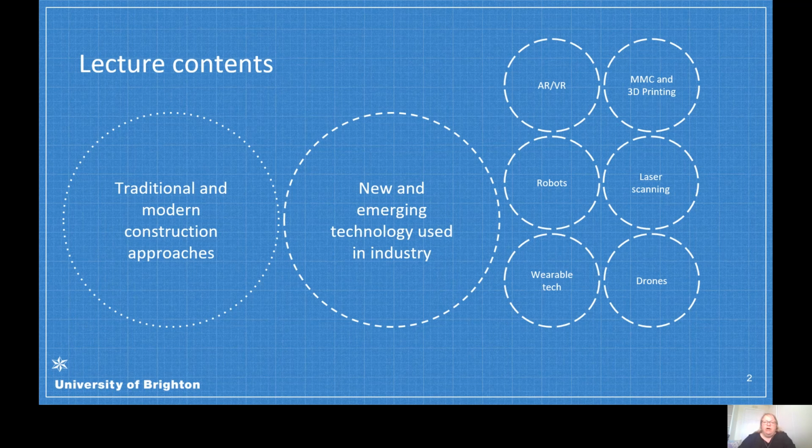And there's a whole variety of these. We'll look very briefly at things like augmented and virtual reality, 3D printing, drones, etc. But there's a whole lot more that obviously can't be covered in a 20-minute presentation. But this is just an introduction.